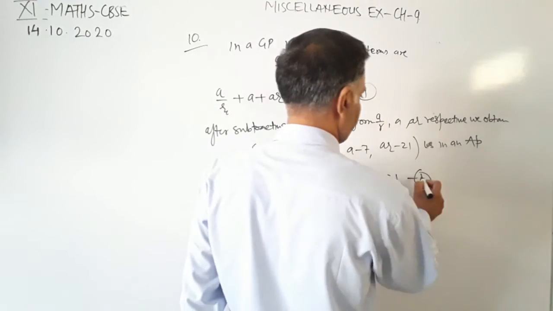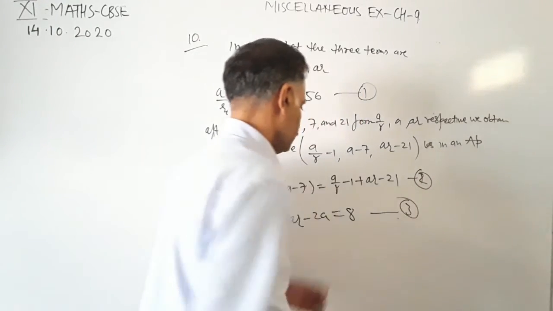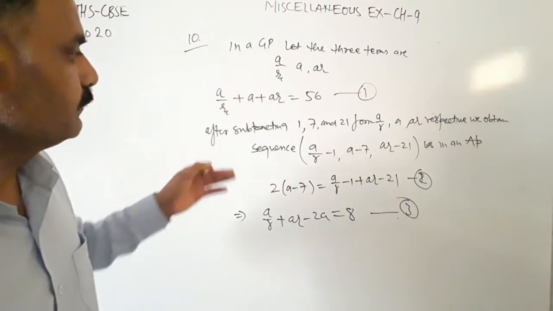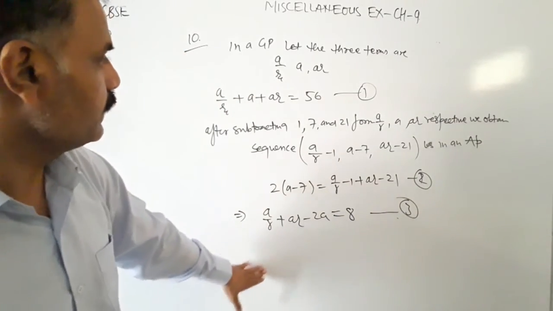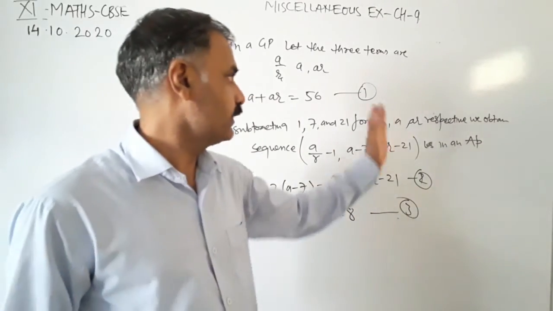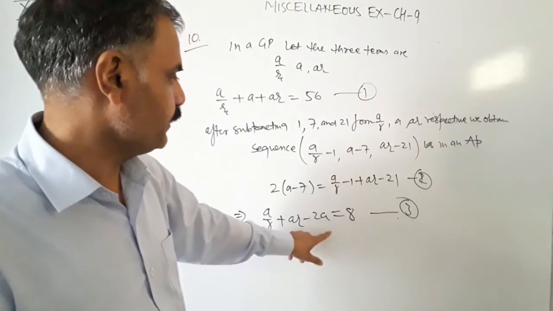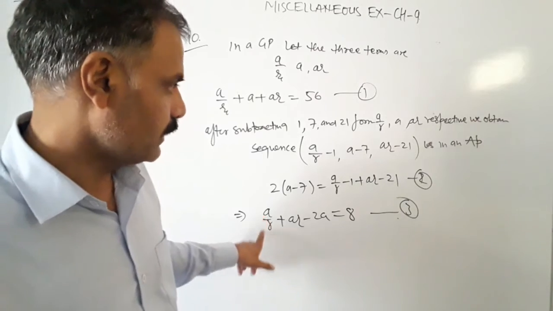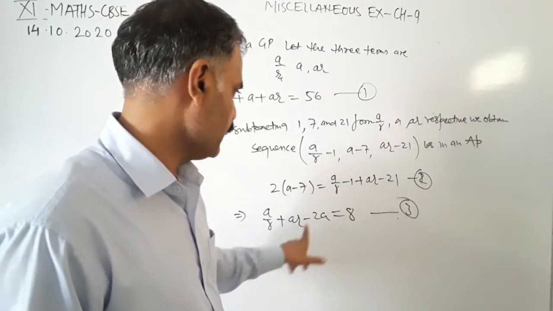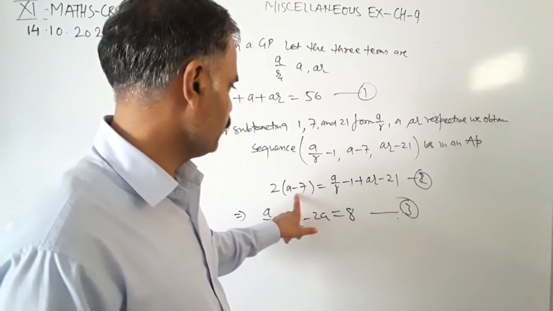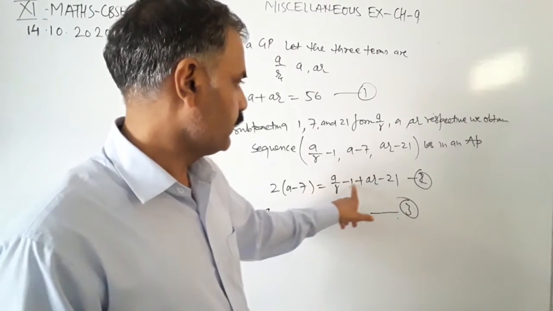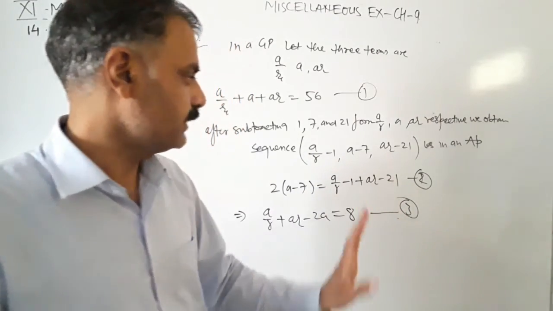This is equation number 3. We solve equation first and equation third. After solving the second equation, we obtain equation number 3: A upon R plus AR minus 2A is equal to minus 14 minus 22, that is plus 8.